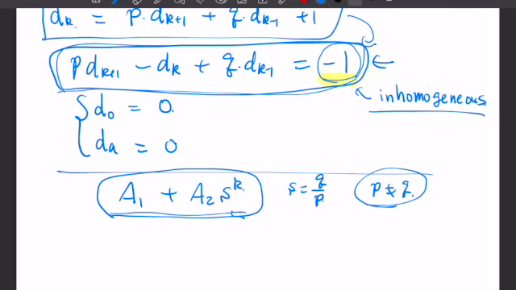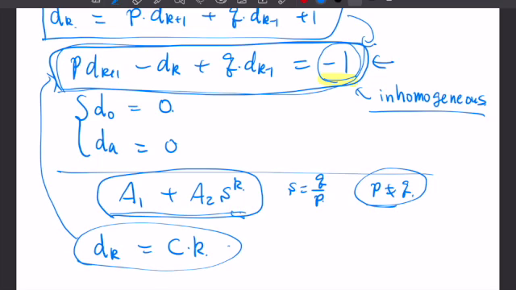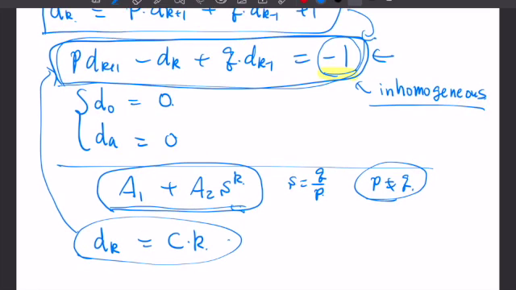So let's try something like this: d_k equal to a constant times k. Does this tentative solution satisfy this equation? Let's try.